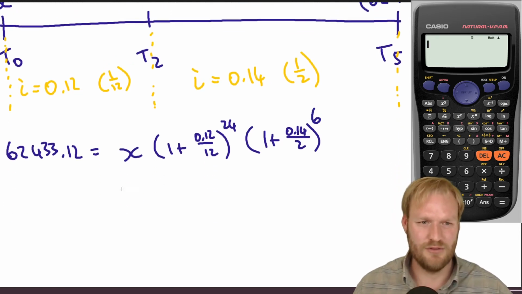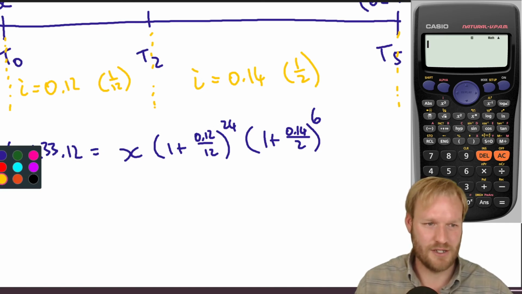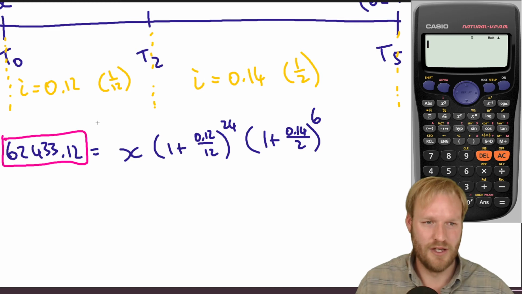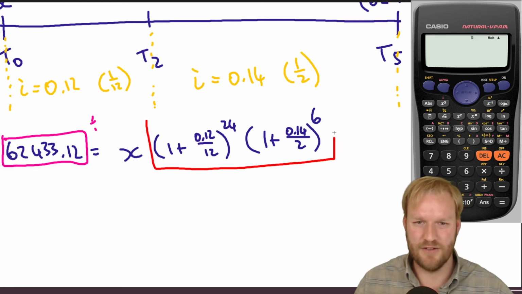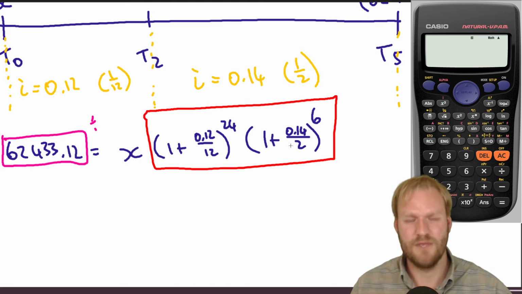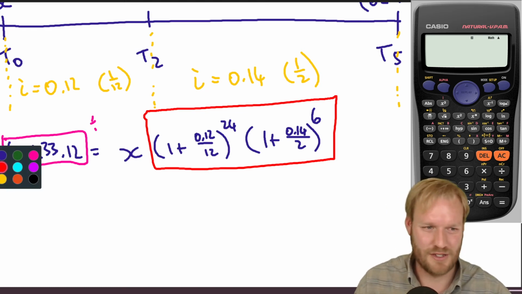And then we can go, okay, we just need to take this amount here, this 62,433.12, and divide it by all of this stuff over here. Now, again, I like using the little storage features in the calculator.